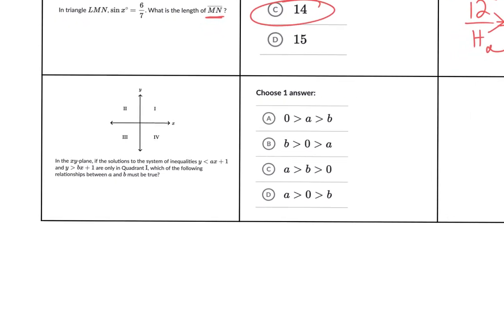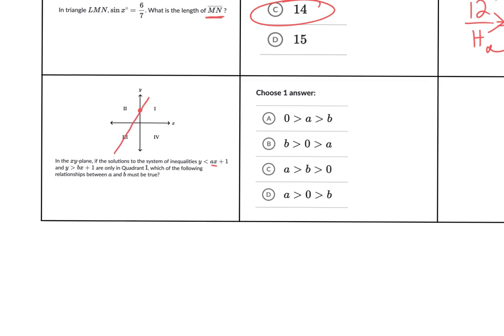In the xy plane, if the solutions to the system of inequalities, y is less than ax plus 1 and y is greater than bx plus 1, are only in quadrant 1, which of the following relationships between a and b must be true? So let's take a look. If I have ax plus 1, I'm just going to call this 1.